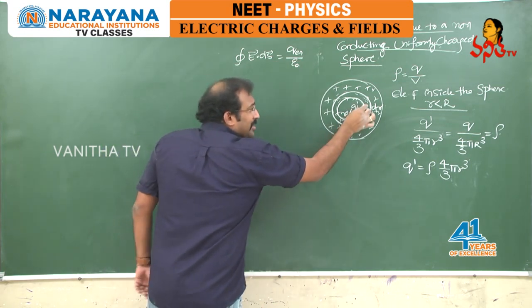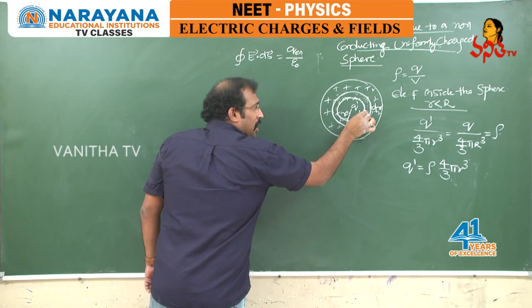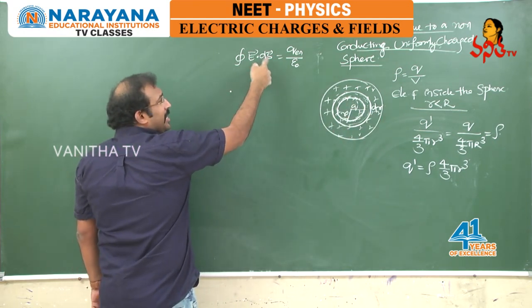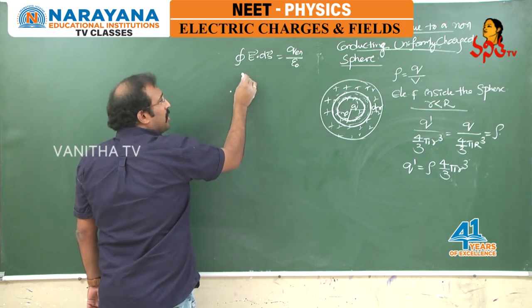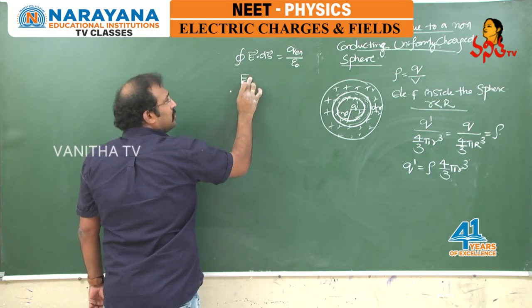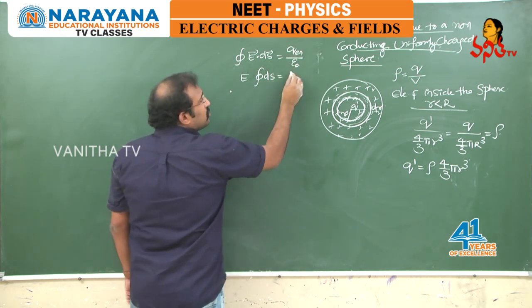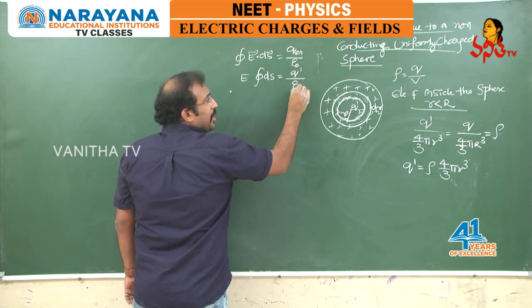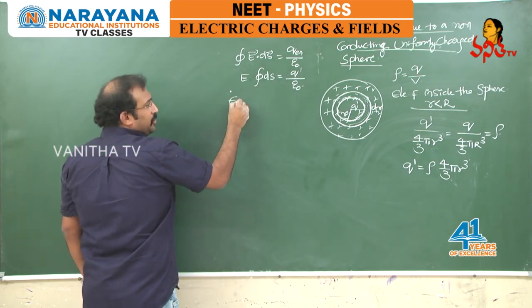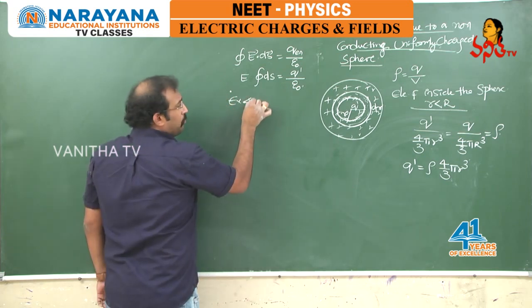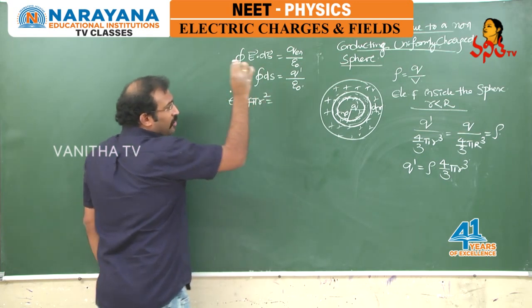At every point at a distance r, the electric field remains constant. E dS cos 0, cos 0 is 1. So the integral of dS, which is the surface area 4 pi r squared, times E equals the charge enclosed, Q dash, by epsilon naught.